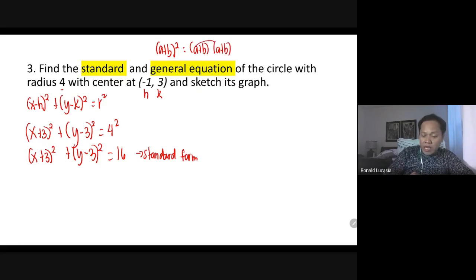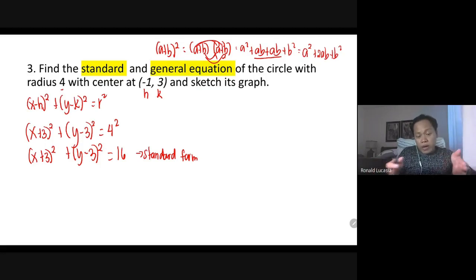So this will be a times a, that's a squared, a times b, that's ab, b times a, that's ab, and then b times b, that's b squared. You would notice that these are like terms. So that will be a squared plus 2ab plus b squared.